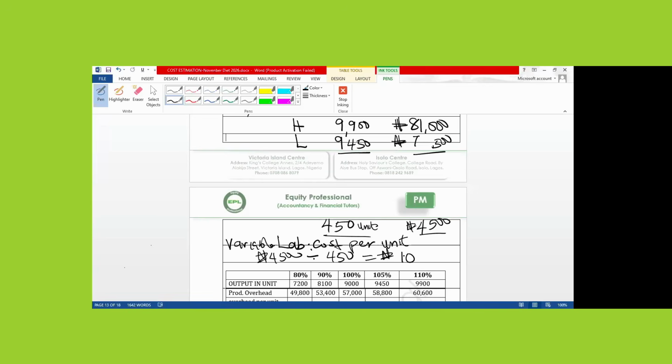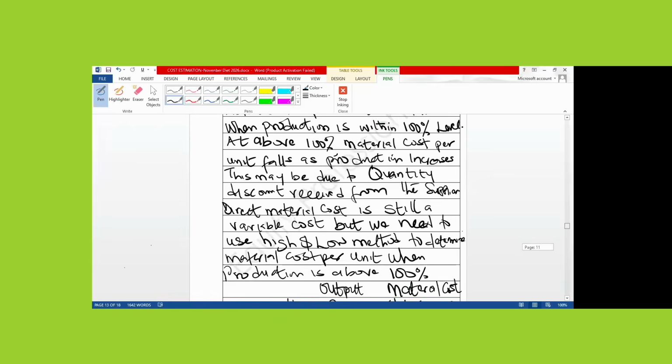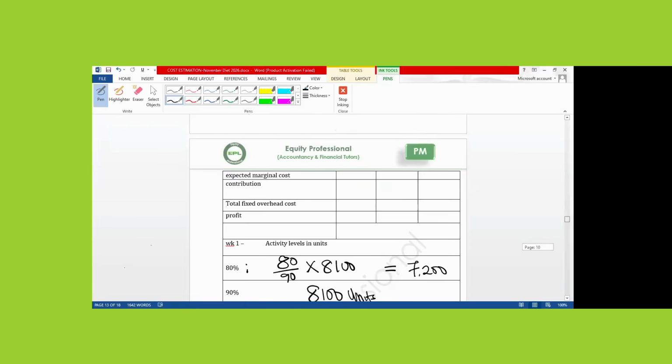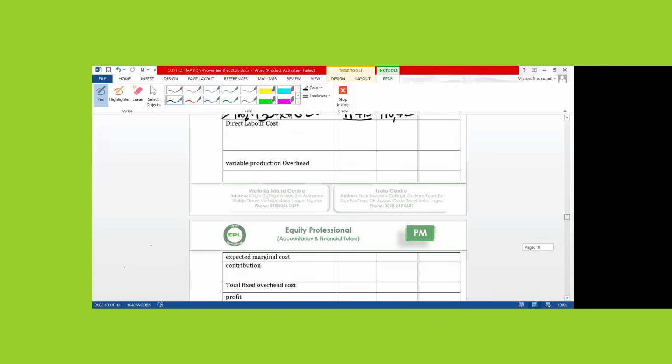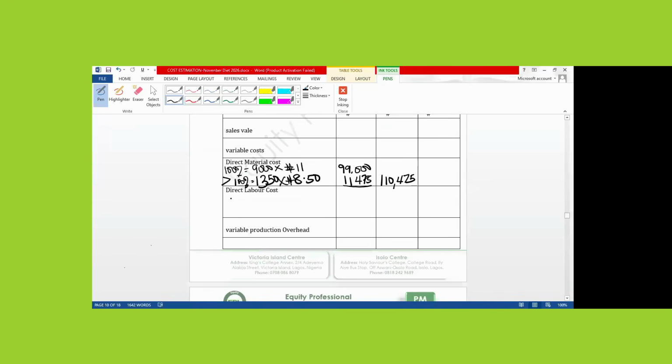You now return to your statement. Again, you are going to separate. The first 9,000 units is within 100%. That would be 8 naira.